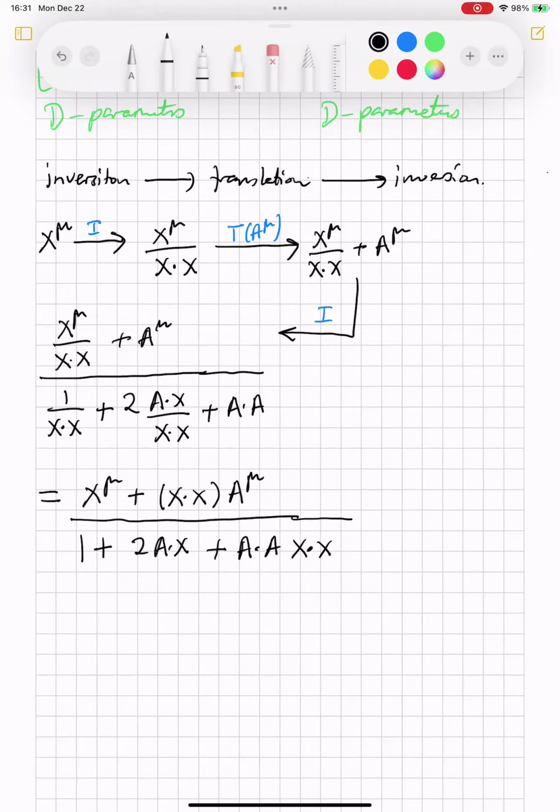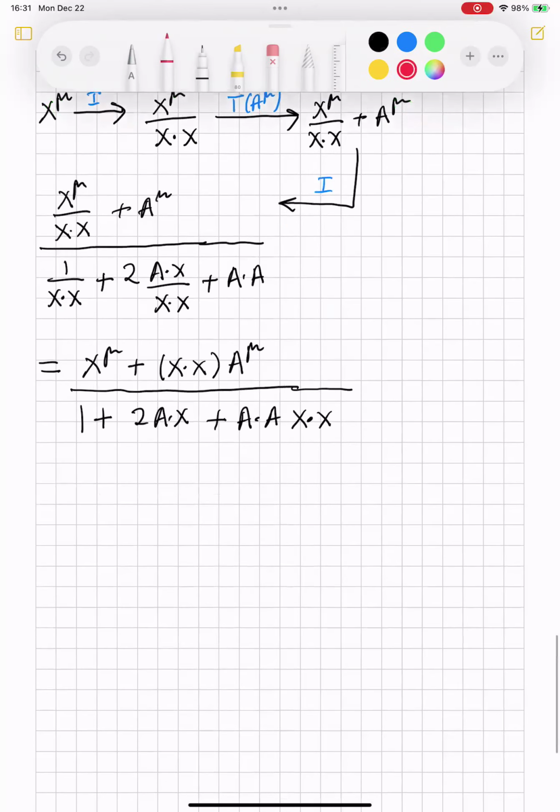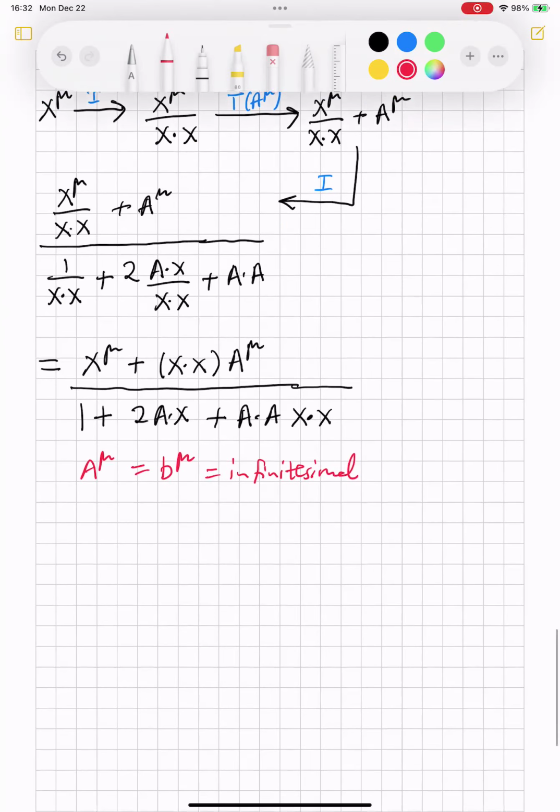Is this related in any way to a special conformal transformation? Well, in this final expression, the parameter of the transformation is a mu, and that's a finite parameter. So let's take a mu and set it equal to b mu, and we'll let this be infinitesimal. Let's see what happens when we look at this infinitesimal transformation.